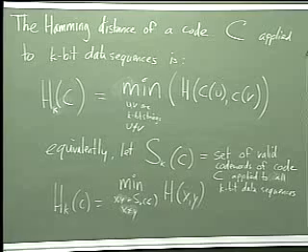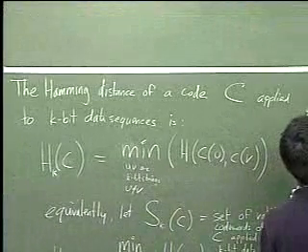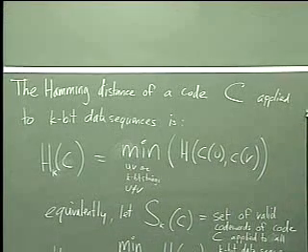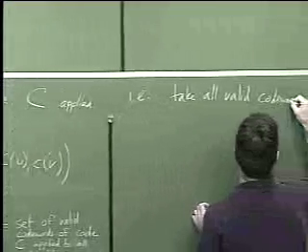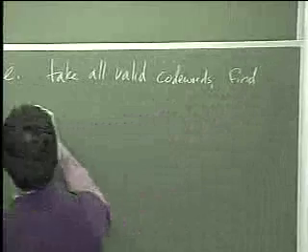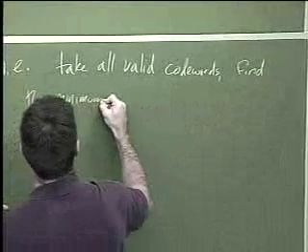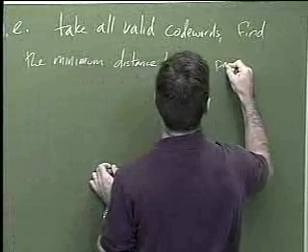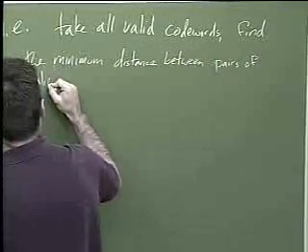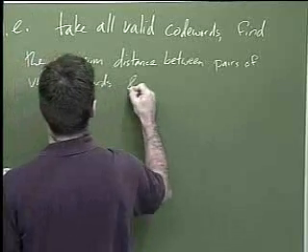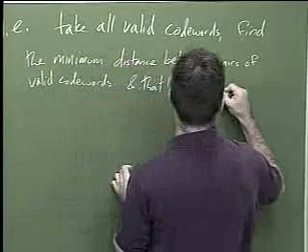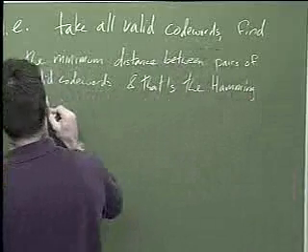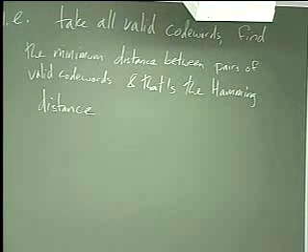So what am I basically saying here? I.e., take all valid code words, find the minimum distance between pairs of valid code words, and that's the Hamming distance of the code.